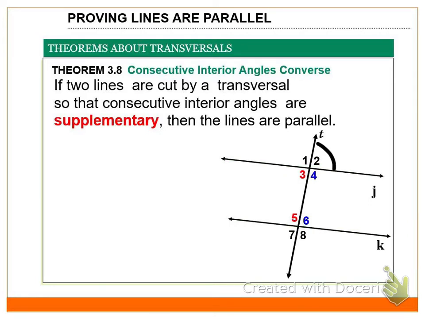Alternate exterior, one touches line J, one touches line K. Corresponding, one touches line K, one touches line J. But with vertical, they're across from each other, right? Would I have any information about line K or this intersection down here? No. So vertical is not enough to prove that they're parallel because we just don't have enough information.